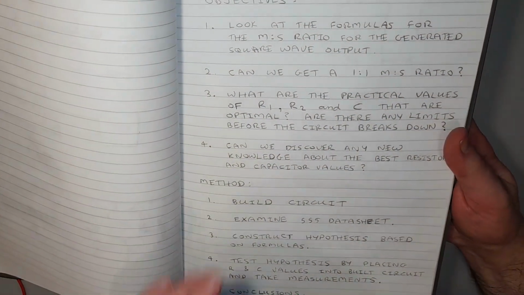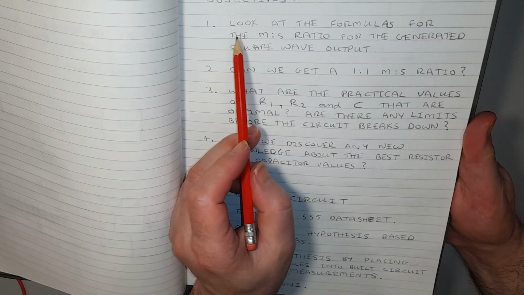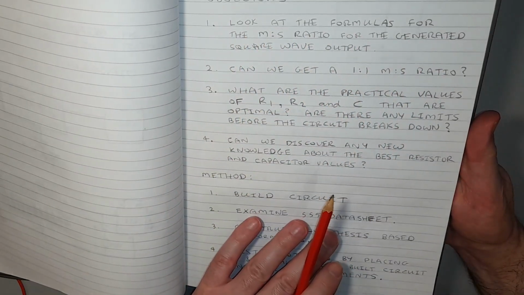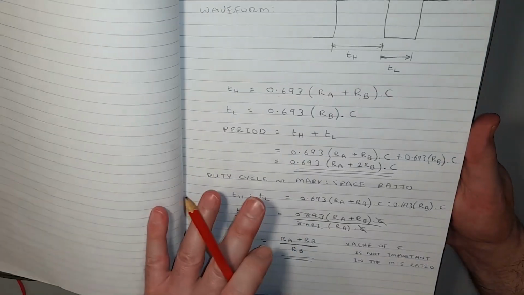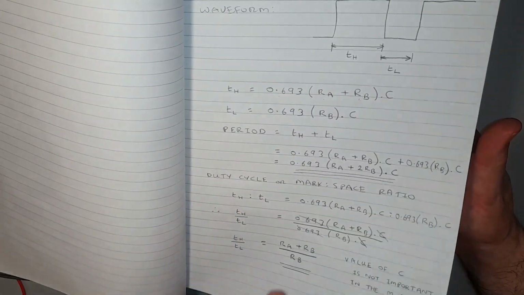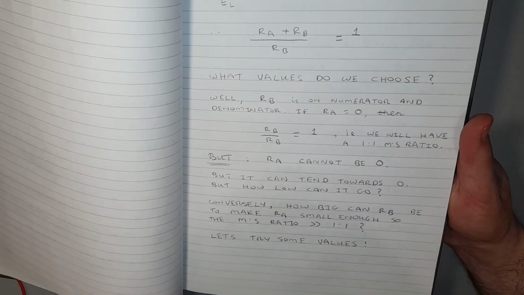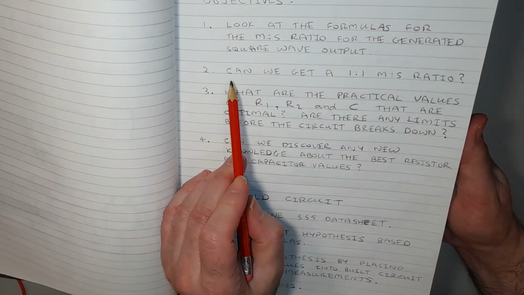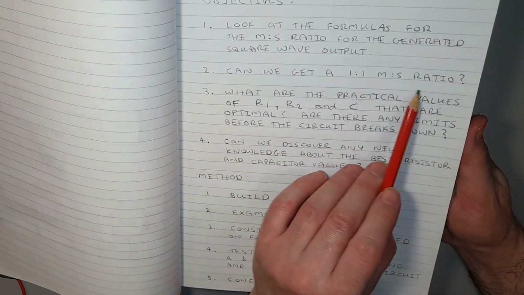Okay, going back to our objectives. So we're going to look at these formulas for the mark to space ratios. We've done that. So we did that over here and here. We've asked, can we get a 1-to-1 mark to space ratio?